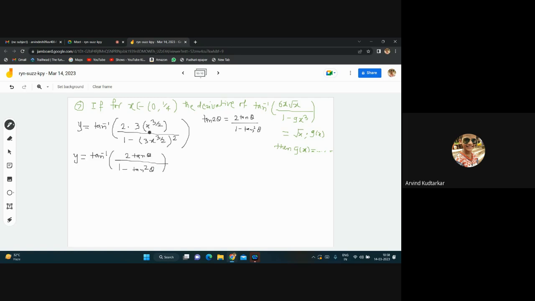What is that tan theta? 3 into x raised to 3 by 2. Tan theta मैं लिख रहा हूं यहाँ पे. Tan theta is 3 into x raised to 3 by 2.